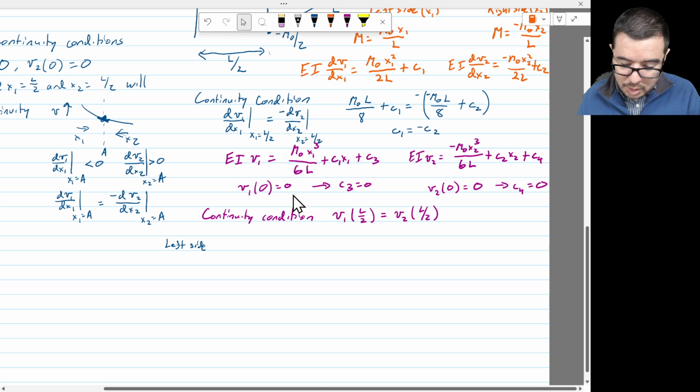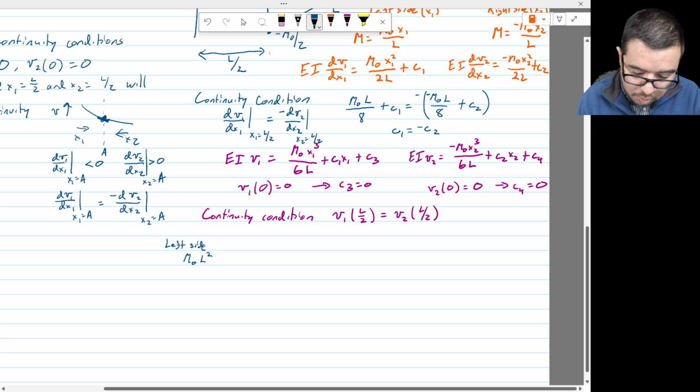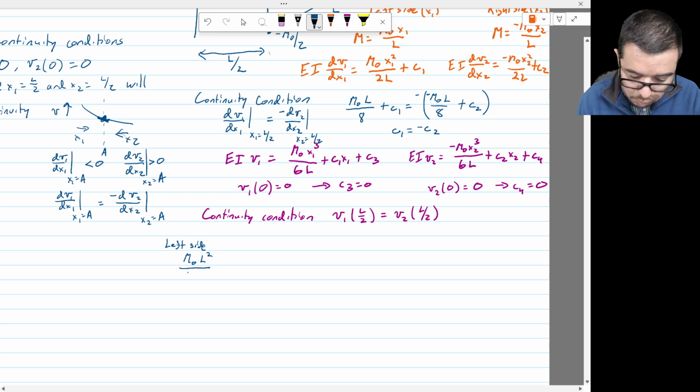Then we have an L under here, and we had L cubed in the numerator. So at this condition, where we're at L over 2, we're going to have m naught L squared over 48.